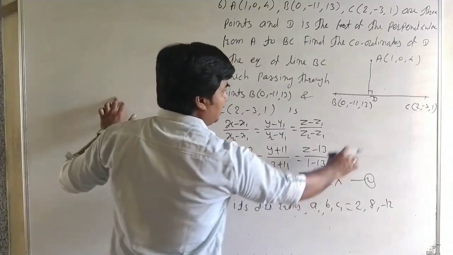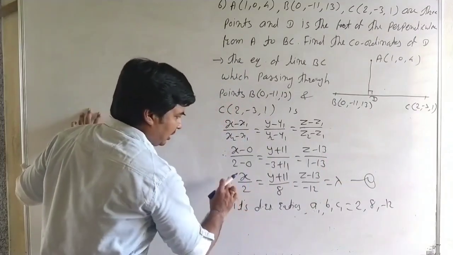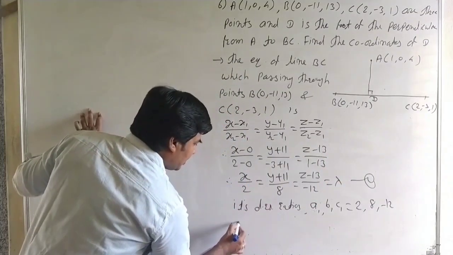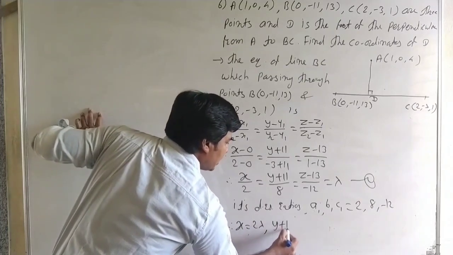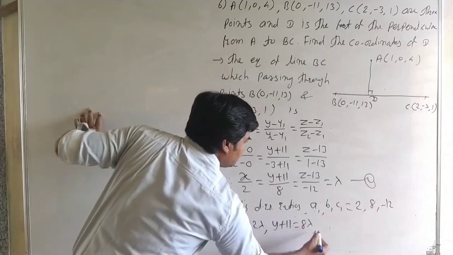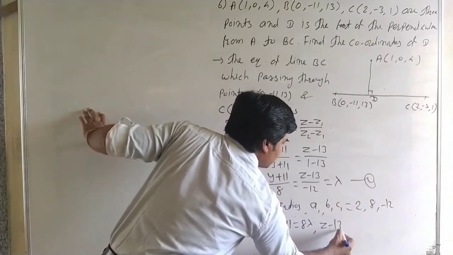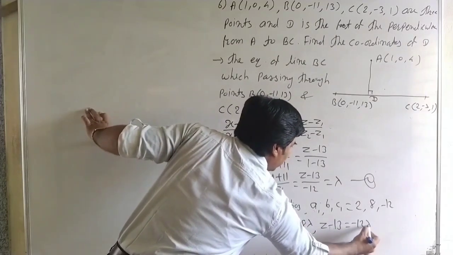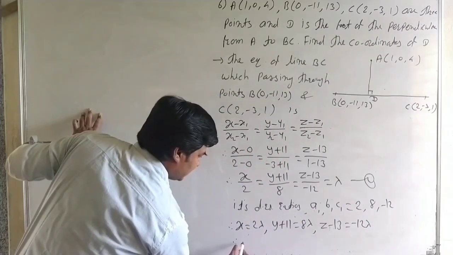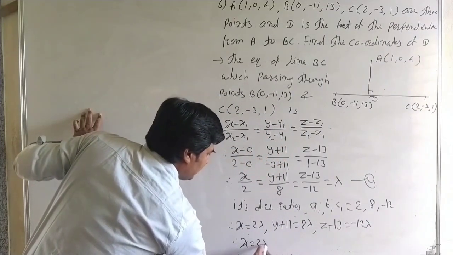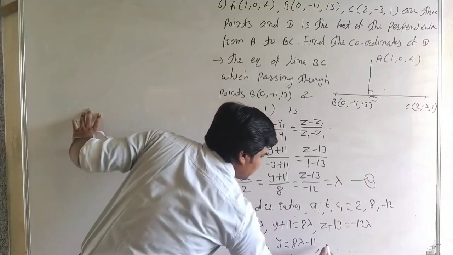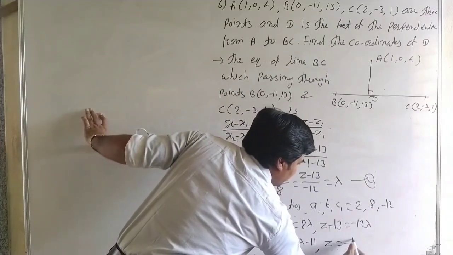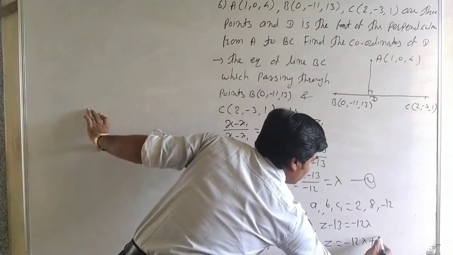Now we take any point on this line, that is the foot of perpendicular. Therefore x is equal to 2 lambda, y plus 11 is equal to 8 lambda, z minus 13 is equal to minus 12 lambda. Then x is 2 lambda, y is 8 lambda minus 11, and z is minus 12 lambda plus 13.